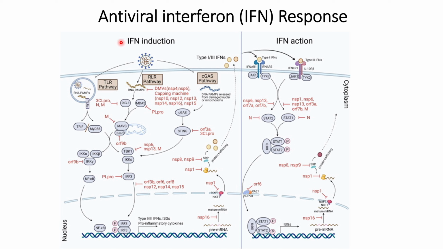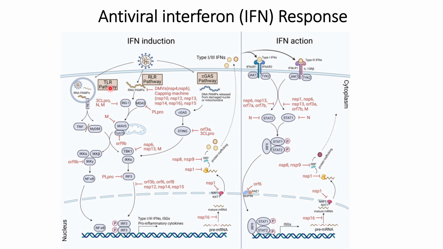In this case, when several immune components detect any kind of harmful things within the host, such as PAMPs, that is pathogen associated molecular patterns, or some other immune mechanism similar to PAMPs, whenever they detect any foreign harmful particles, they will trigger the interferon induction through three different pathways.